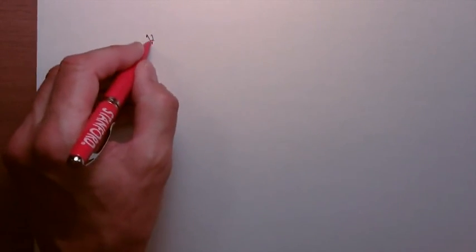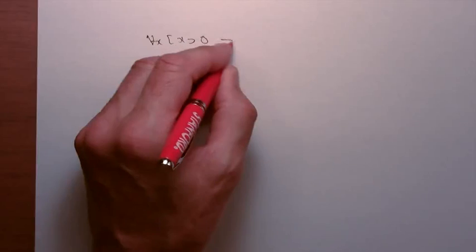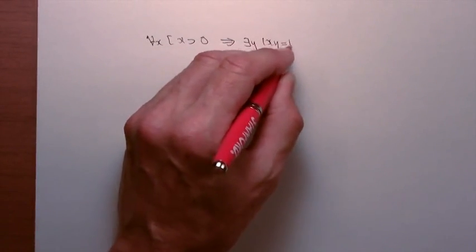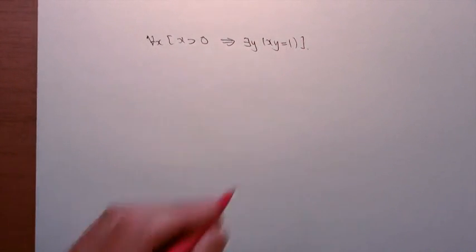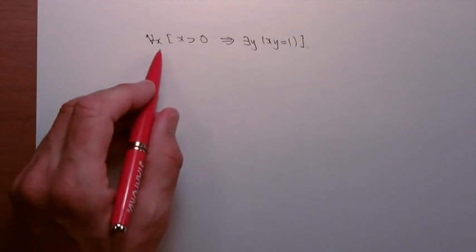Next point. Suppose I write down a sentence like the following. For all x, if x is greater than 0, then there is a y such that xy equals 1. Is that true or is it false? Well, there's no way of knowing. It depends what the x denotes.